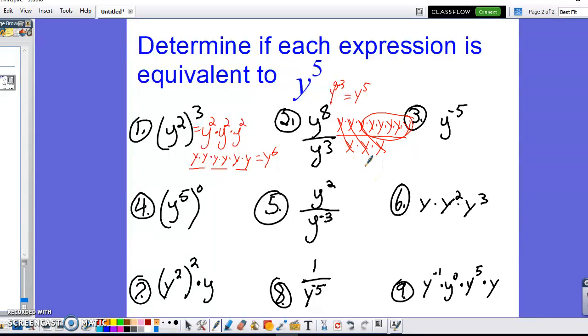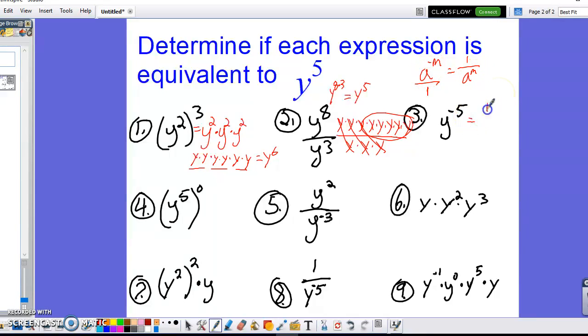Number 3, definition of a negative exponent. We had something that looked like this up on the board, or in your book, I guess, for a definition. So if the exponent is negative, what I like to say is flip the fraction, or you're going to take your expression from the numerator to the denominator and make it positive.